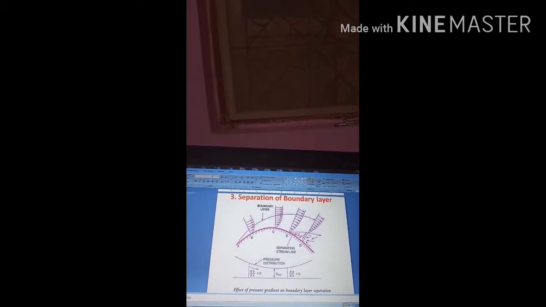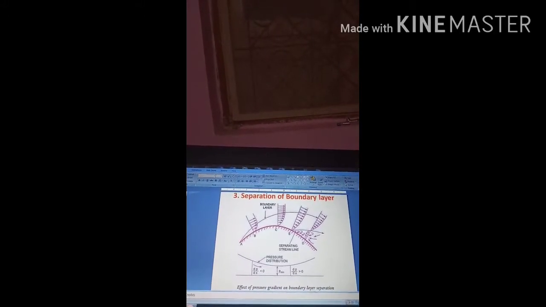If you see the circles, the formation of wakes, or what we can call rotational flow, takes place, and there is some negative velocity gradient, seen in the figure in the negative y direction. That is because of the positive pressure gradient, and after point S the boundary layer is detaching from the surface and leaving it.